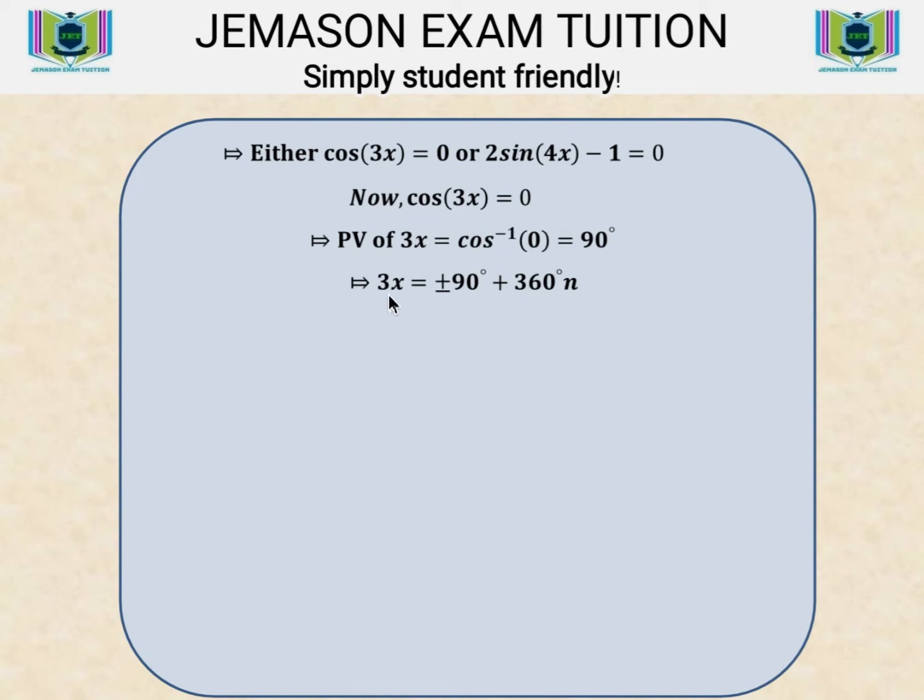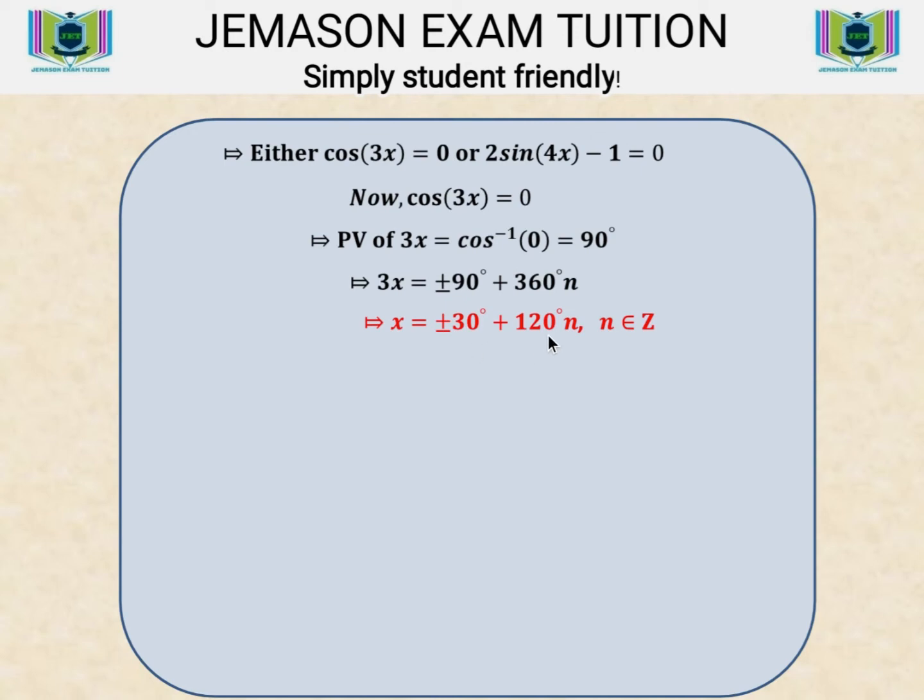And so we can proceed to make x the subject by dividing the equation through by 3, so that one of the solutions is x equals plus or minus 30 degrees plus 120 degrees n, where n is an integer. And clearly you can verify that this generates an infinite number of solutions for the equation.